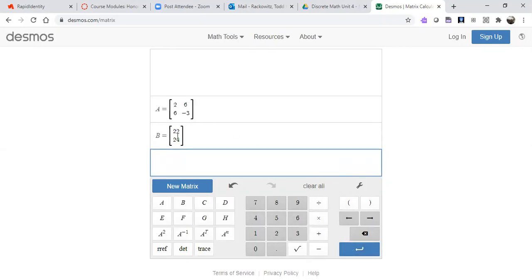Once you have your two matrices typed in, that's the coefficients, that's the solutions. You do the coefficients to the -1 power times the solution matrix. So my answer for the first one is x equals 5, y equals 2. And it's so much easier.